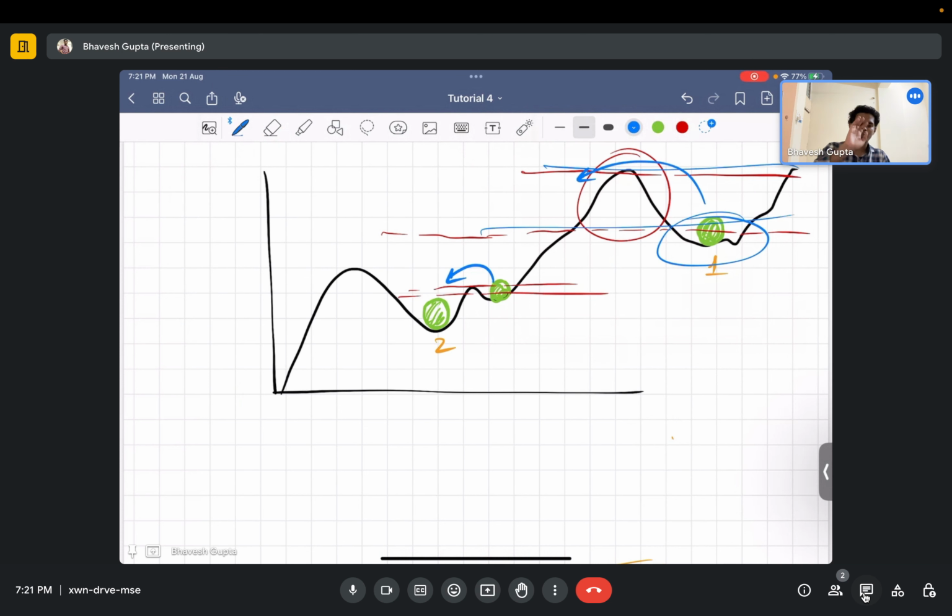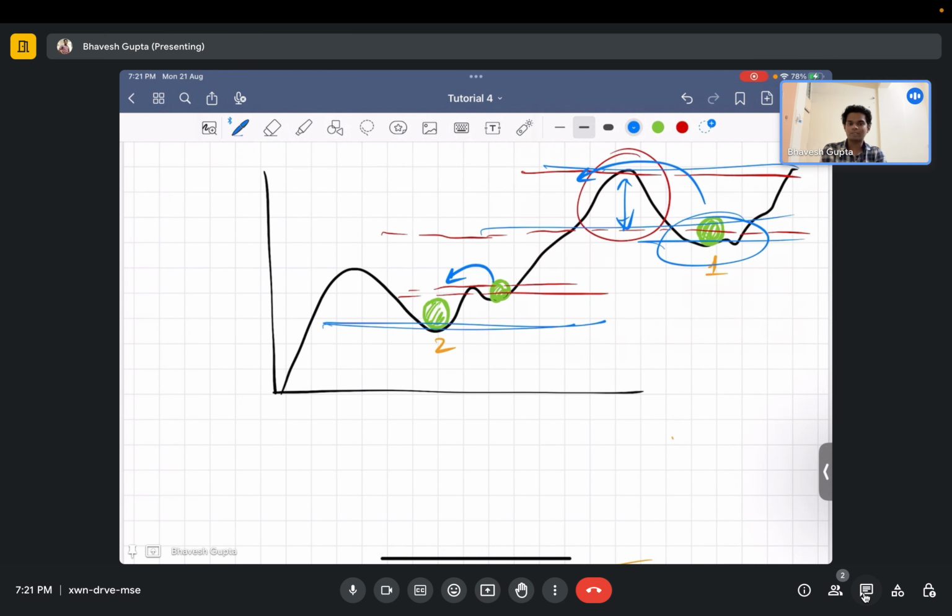I have to give energy to my ball so that it can overcome this particular barrier here. Even though my local minima is here, my ball is unable to find that local minima because of these barriers. So the knowledge of local minima and maxima is also important, not just global. Because you might have a problem such that it gets stuck here, and you want it to get here.